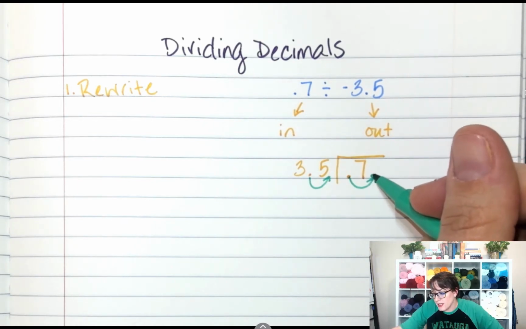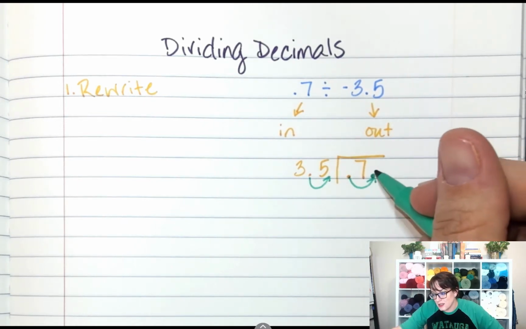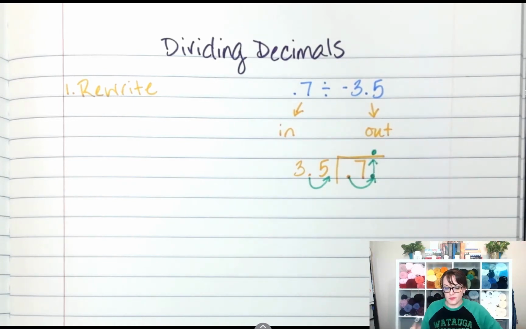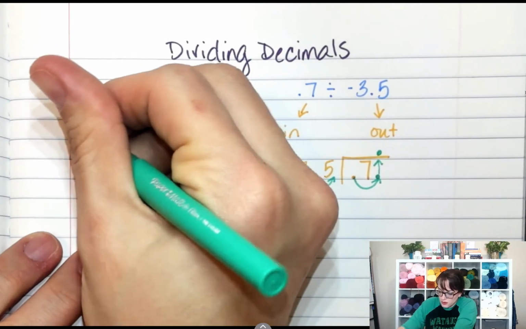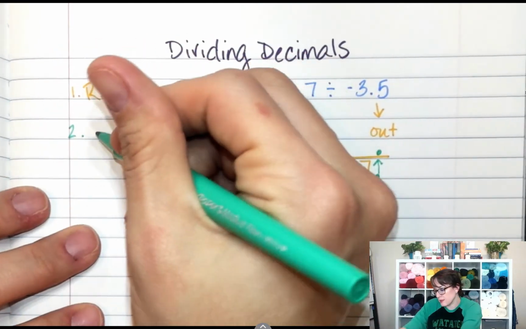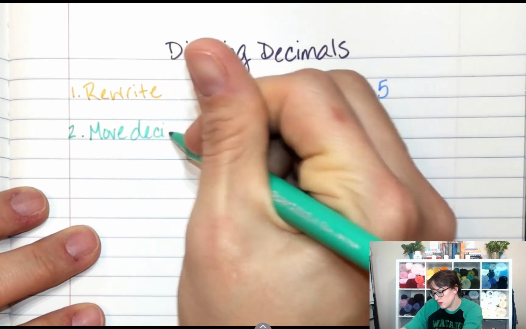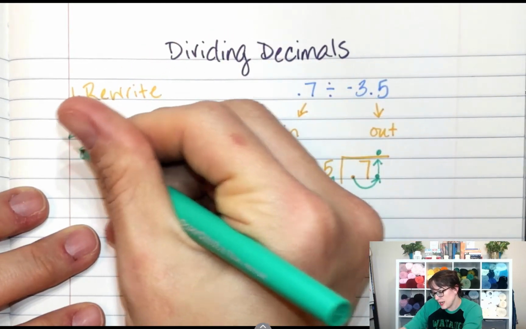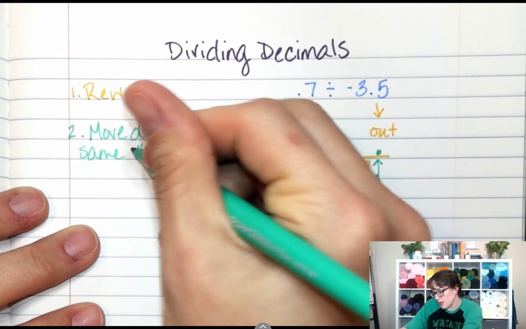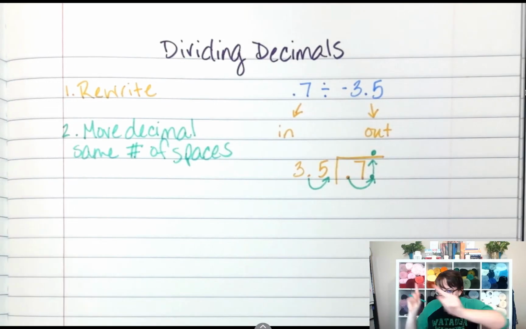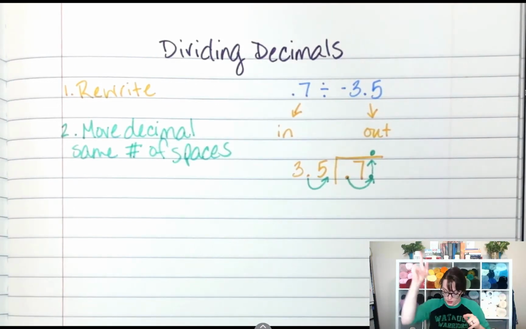And wherever your decimal lands inside, it goes straight up. So you jump and up, jump and up. All right, so that's step 2. We are going to move the decimal the same number of spaces inside and outside, and then it goes straight up.